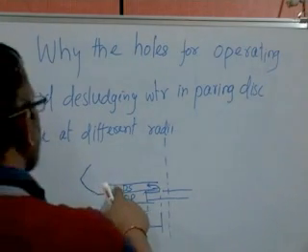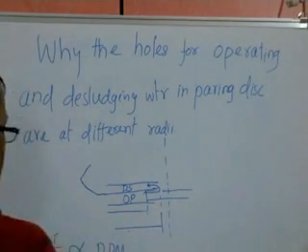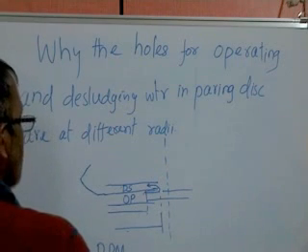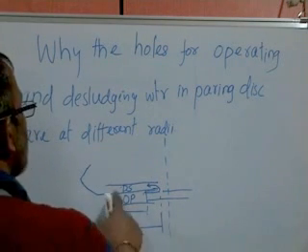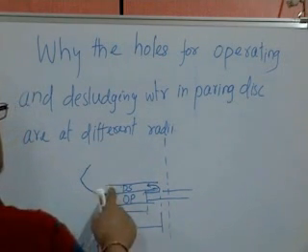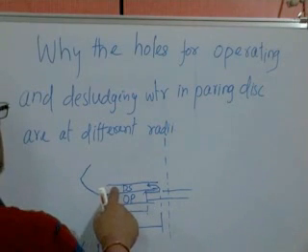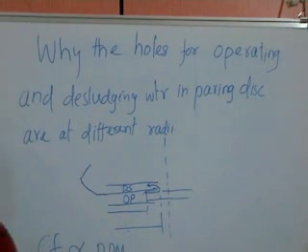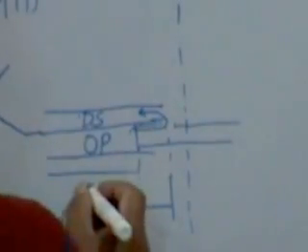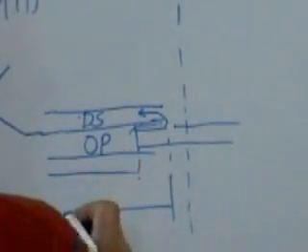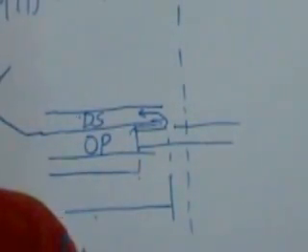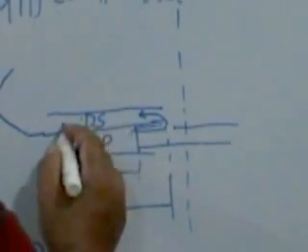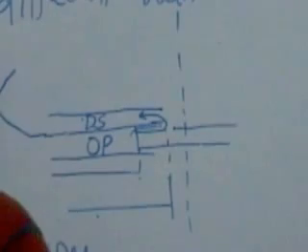The RPM for both of these waters is the same, and now the radius is the one parameter which will decide what amount of force is there in the individual chambers. So when the radius for the desludging water has increased, the centrifugal force for this desludging chamber will increase.